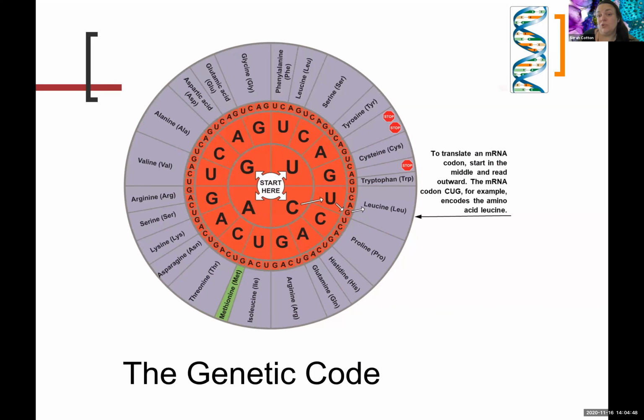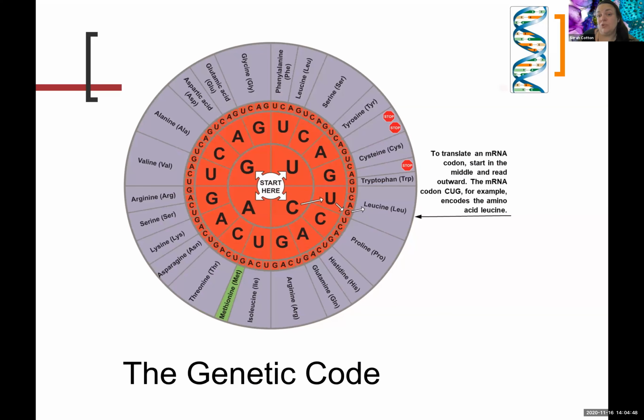The way that RNA is used to code for a protein is that there are three-letter words, notice the air quotes, in DNA and in RNA that we call codons.